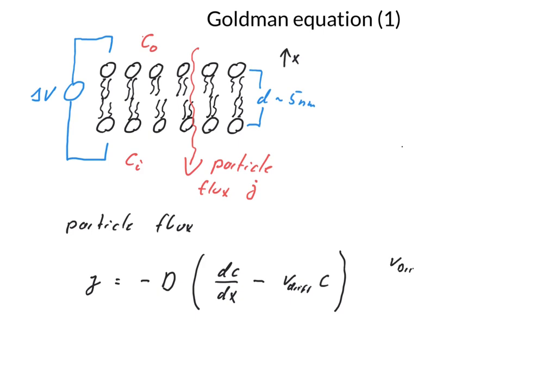Now, from non-equilibrium physics, or statistical physics too, we know that the drift velocity is given by two parameters.